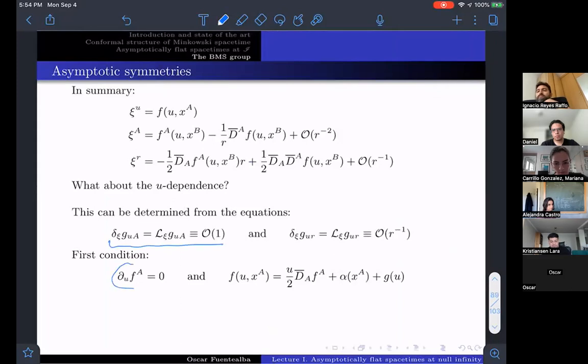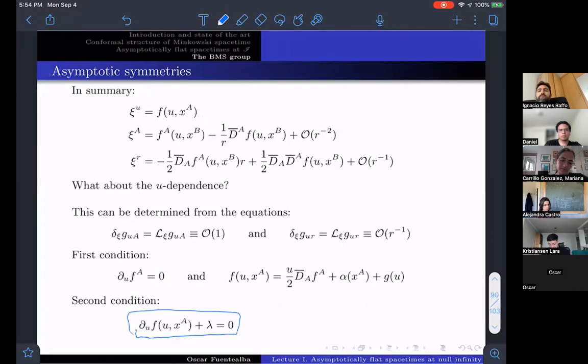this condition means that the time derivative of the conformal Killing vector must be 0. This means that it's not depending on time, and also f, which is a function associated to the time component of the asymptotic Killing vector, must take this form in terms of u. And the second condition tells us that this equation must be satisfied.